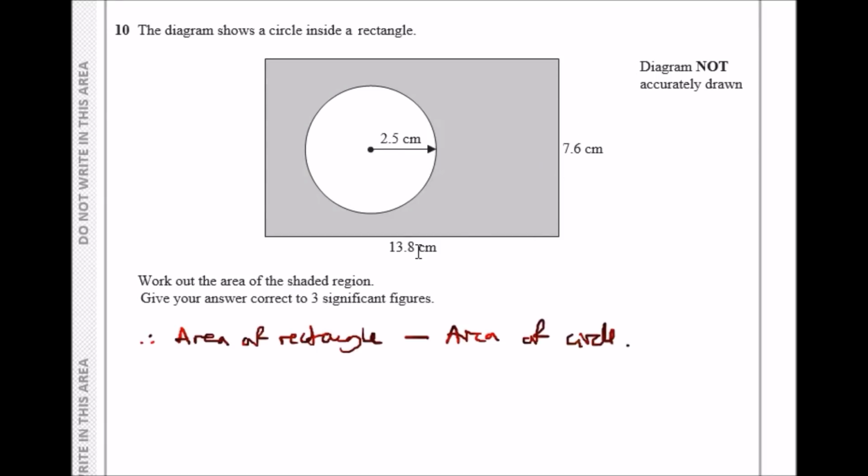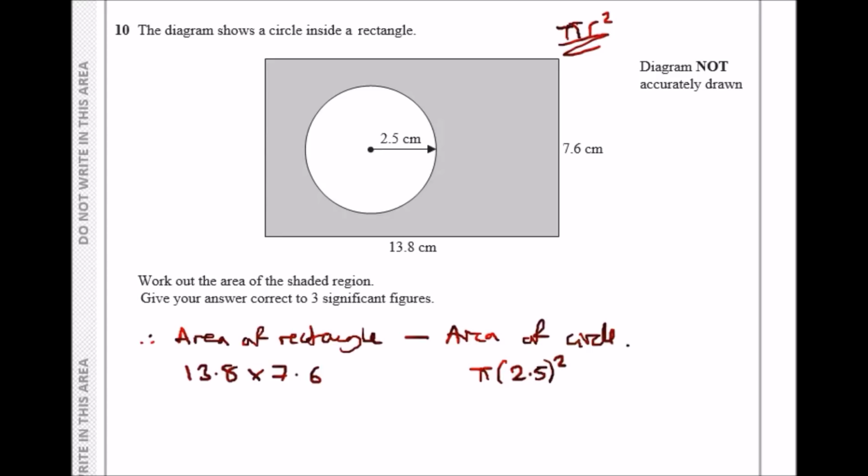Well, it's base times height, so 13.8 times 7.6. And the area of a circle is pi r squared. This is something we should try to memorize, pi r squared, yeah? So r being the radius of 2.5, the area of the circle will be pi times 2.5 squared.